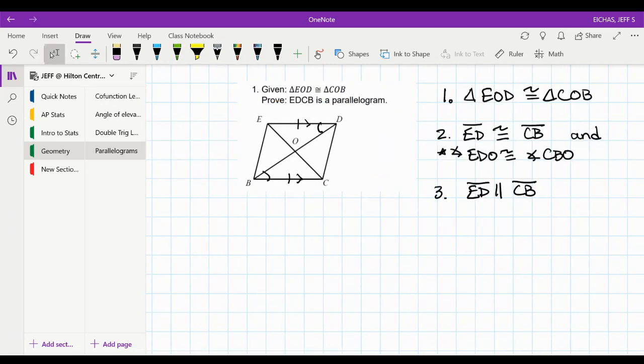Usually we get that the lines are parallel, and then as a result, the alternate interior angles are congruent. Now, the alternate interior angles are congruent. As a result, we have to get parallel lines. All right. So now we finish with ED, CB is a parallelogram.